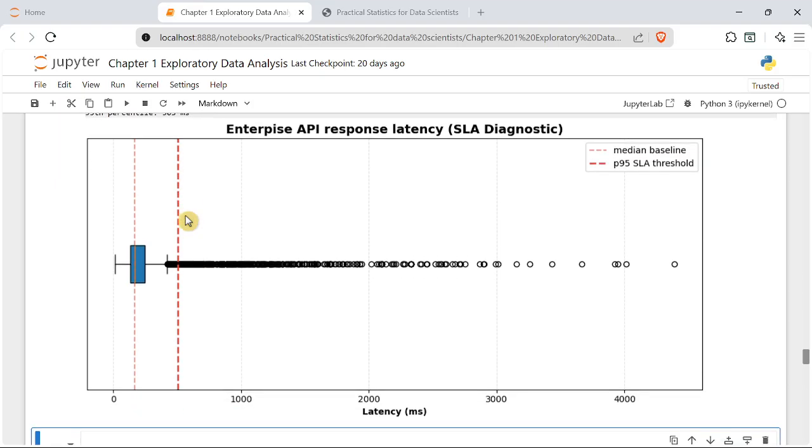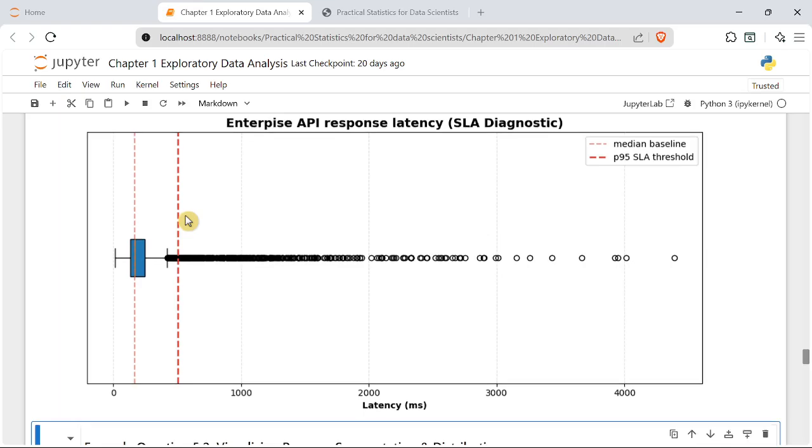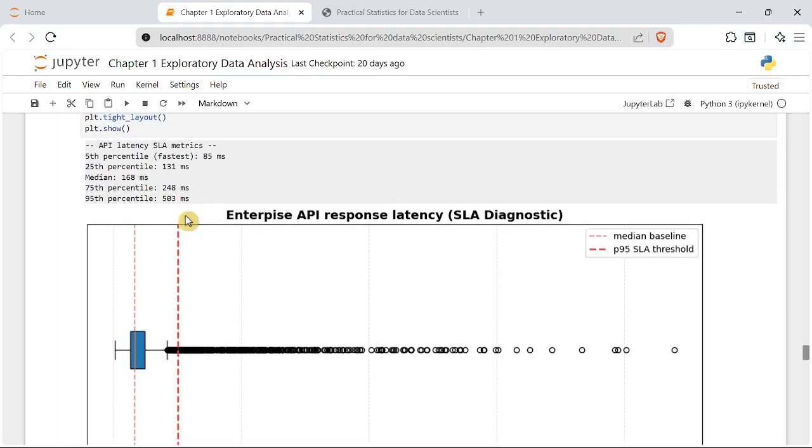If you look at the box plot, the blue box represents the interquartile range, the middle 50% of our traffic. This is our core operational baseline, showing that the vast majority of our requests process safely between 131 milliseconds and 250 milliseconds.